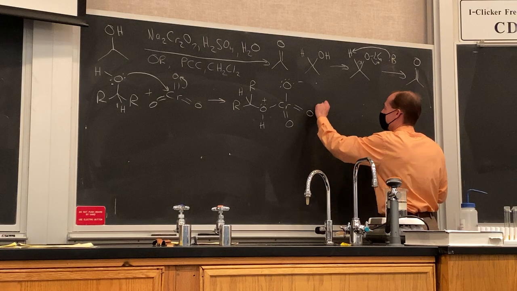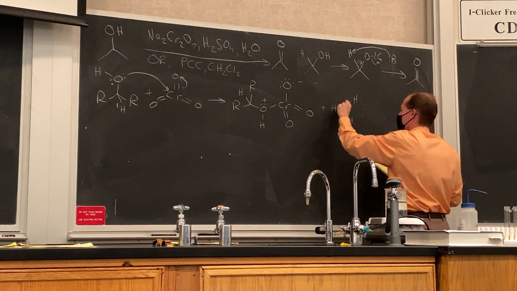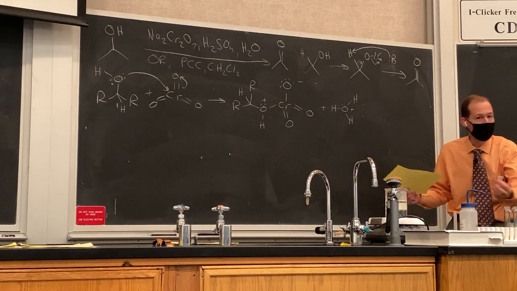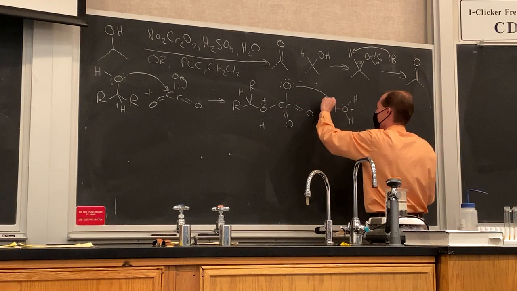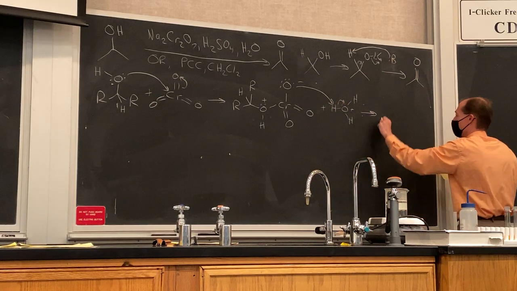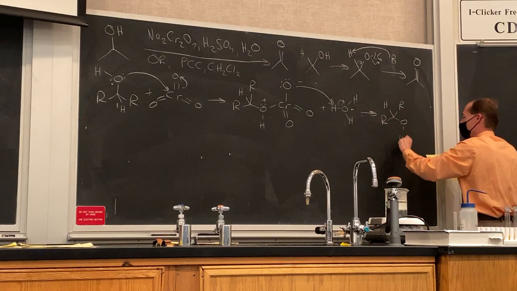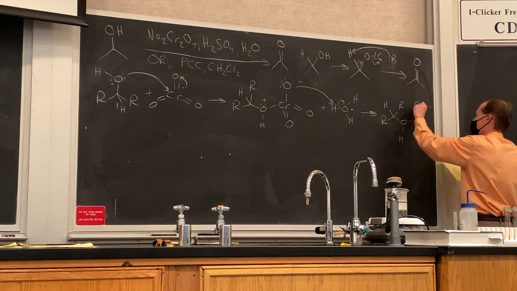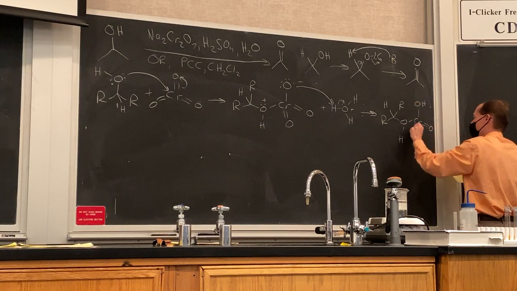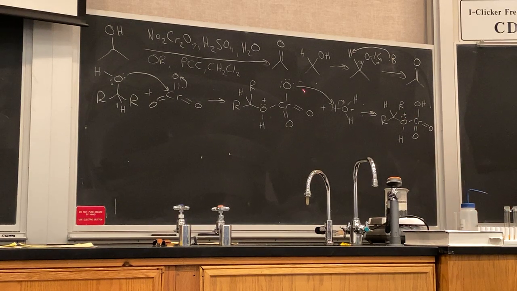So we have acid in the reaction mixture. So that H3O plus, that acid can protonate the negatively charged oxygen on the chromium. Okay. So if we protonate this oxygen, that gives us this intermediate shown here.